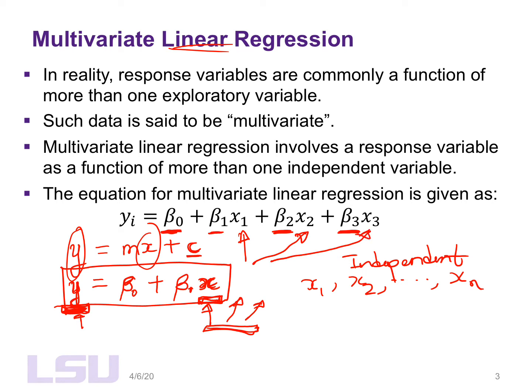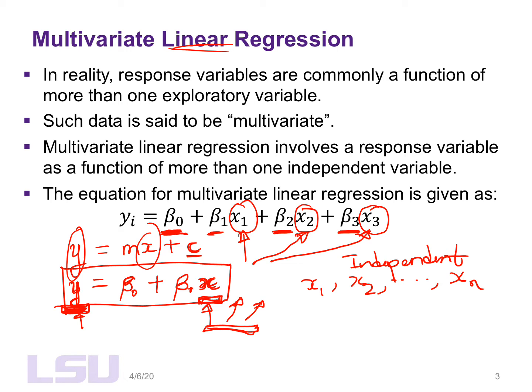And these are just the coefficients of the multivariate linear regression. Why is it linear? Because the highest order is still order 1. This is x2 raised to power 1, x1 raised to power 1, and of course this is the constant term. So the highest order here is 1, so it's linear.